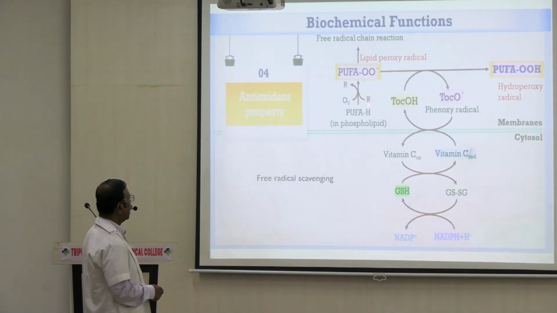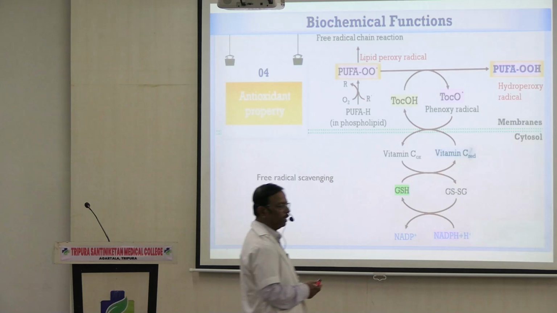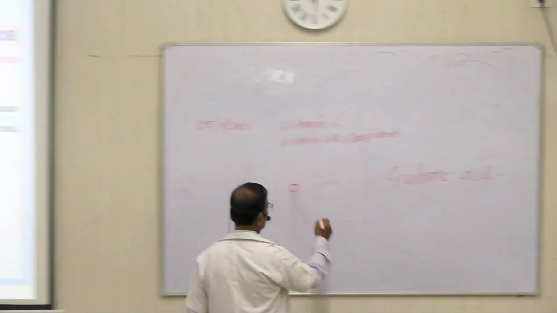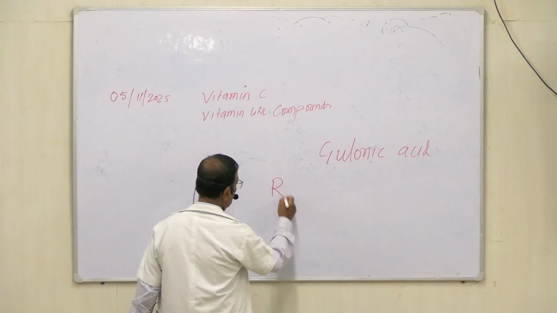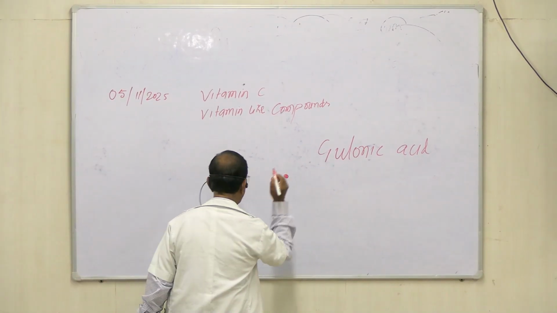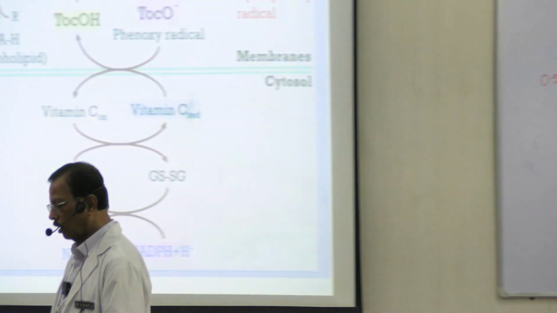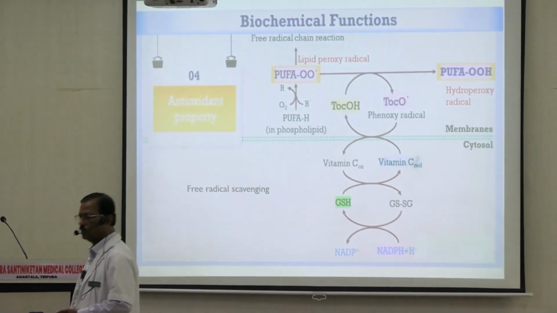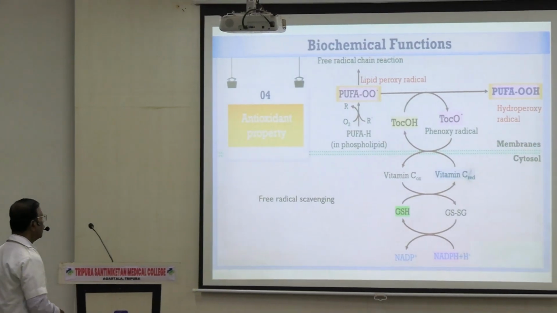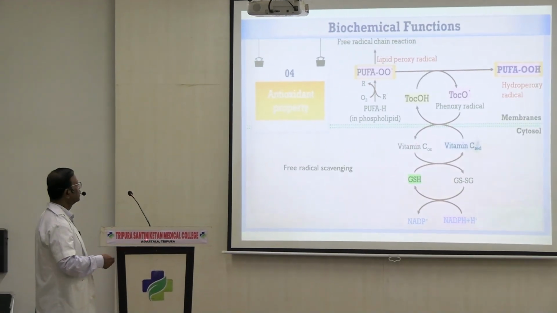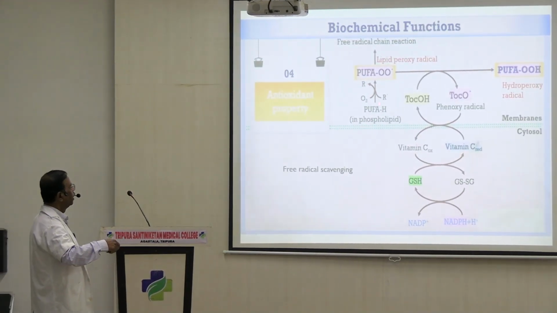Now here the R is the reactive species, the free radical. We denote it like that, R. It is a very strong oxidizing agent. It will start oxidizing the unsaturated bond of the PUFA and convert this PUFA into a lipid peroxyradical.